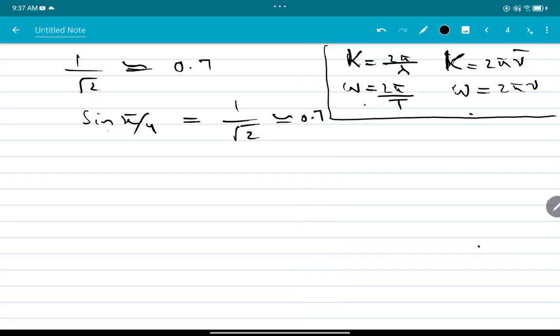Now, one more thing before I embark upon this concept. Suppose I have this: here you have time, or space, and this is the wave displacement. I am going to use space now.